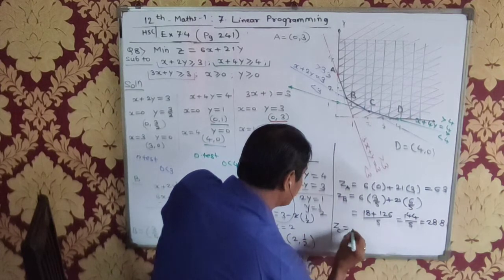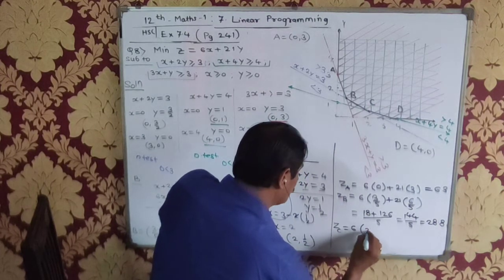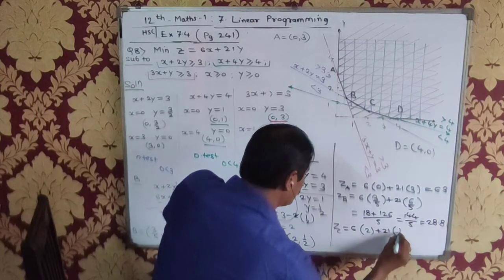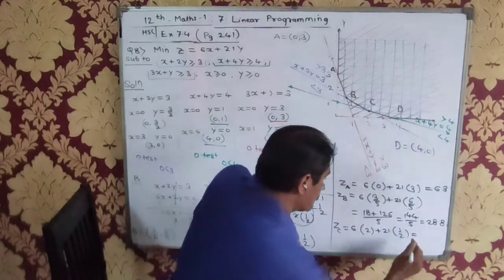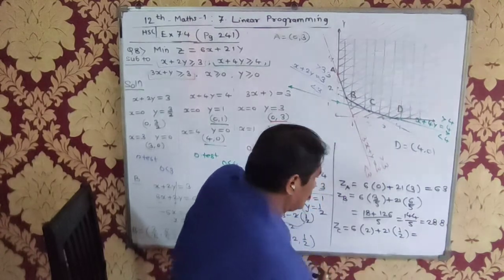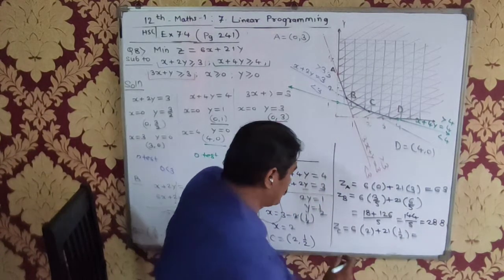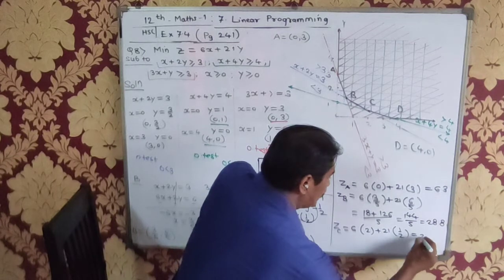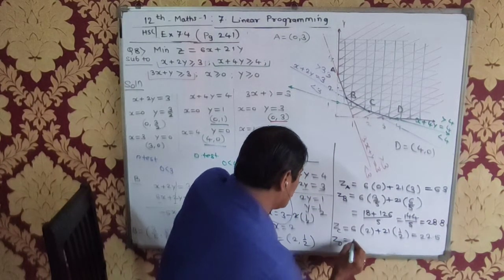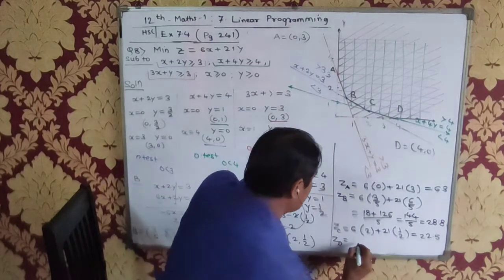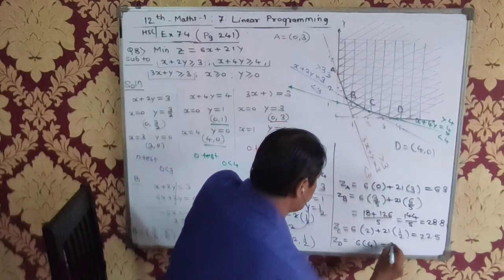Z at C, it is 6 into 2 plus 21 into half. So that will be 12 plus 10.5, which is 22.5. Z at D, it is 6 into 4, 24.